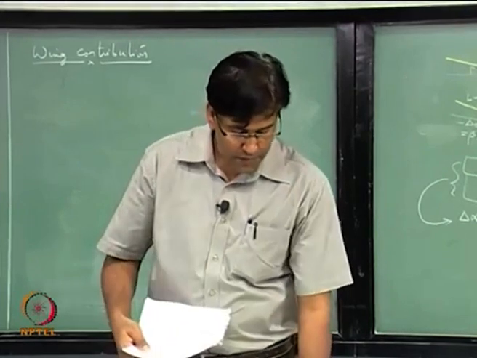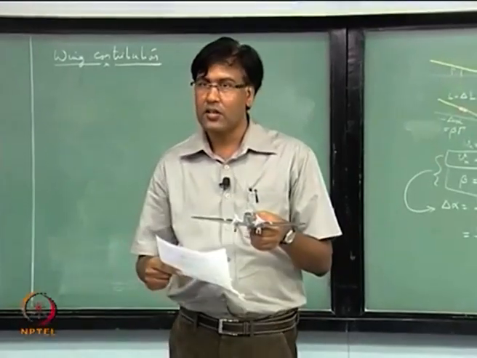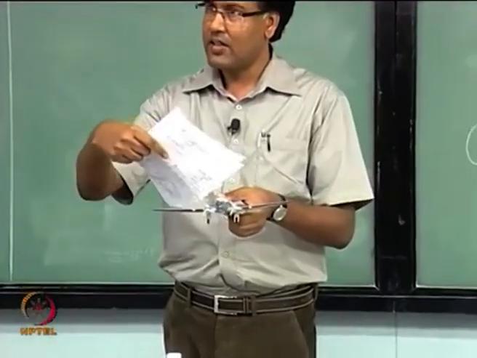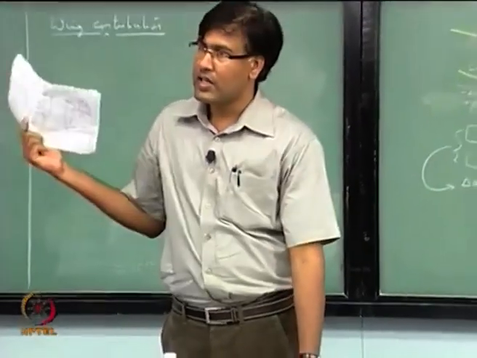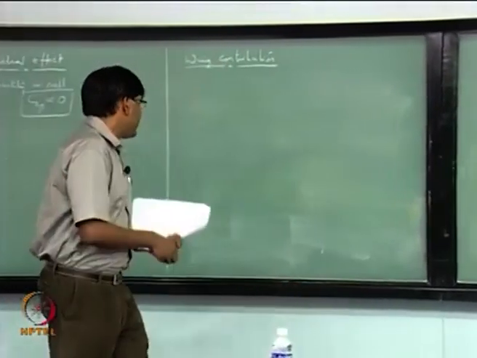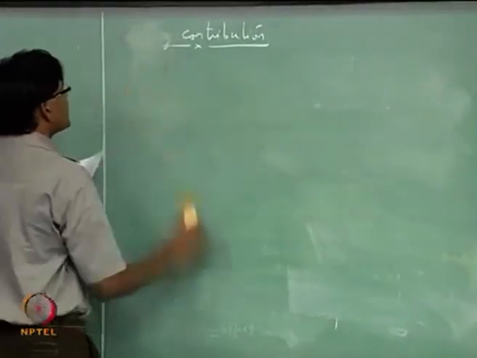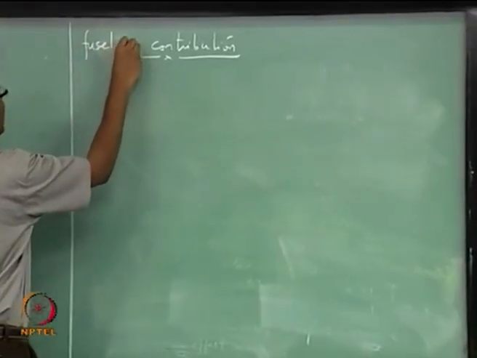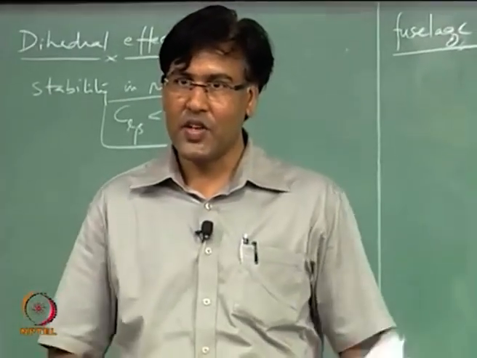So, if the wing is low, flow is going to move onto this airplane from the side in a different fashion as compared to when it is high, and that can also add to this dihedral effect. Okay, so let us look at that. So, we can call that the fuselage contribution, okay, not really a wing contribution, but the fuselage contribution.